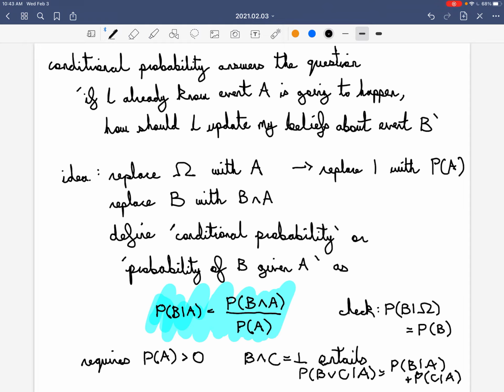We're saying that I know something certain is going to happen. How should I update my beliefs? It's like, I know that 1 + 1 is 2. What should I do about my probability given that knowledge? And if you think about it intuitively, the answer is nothing.